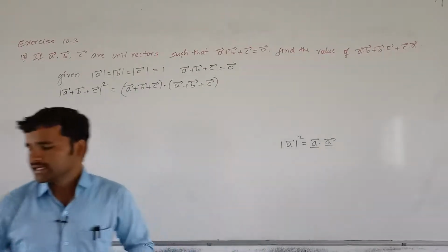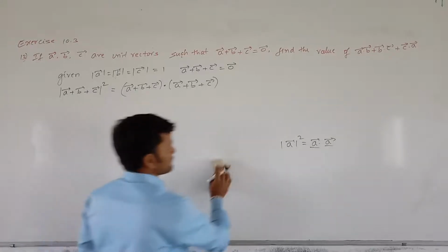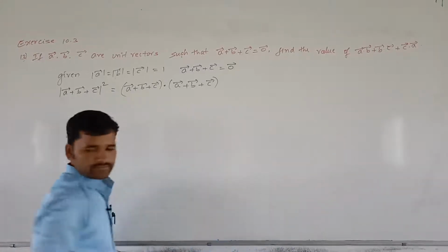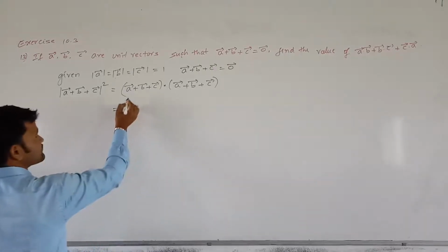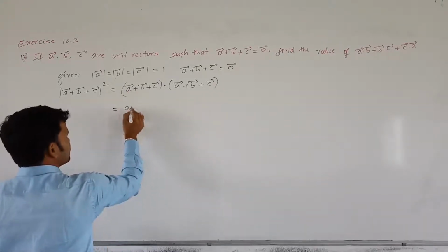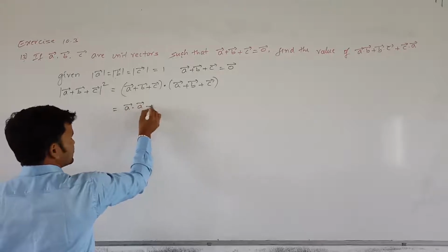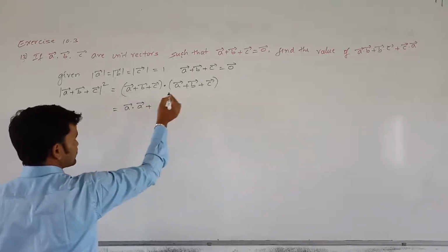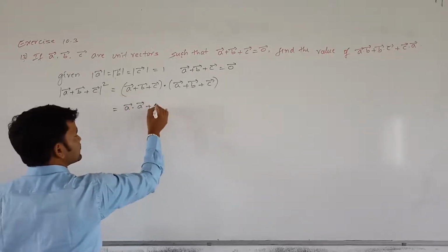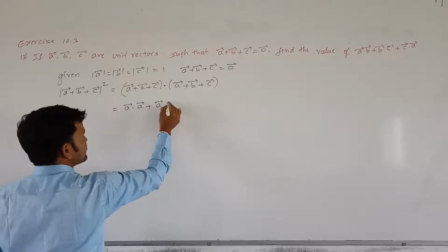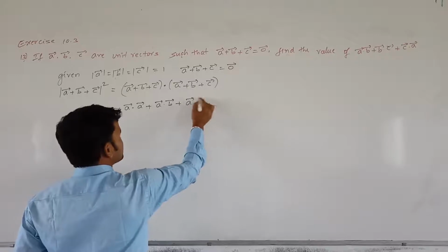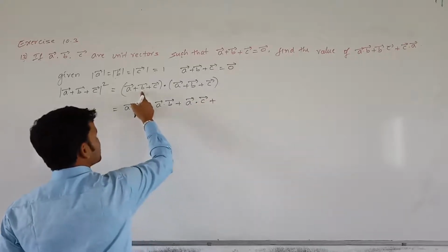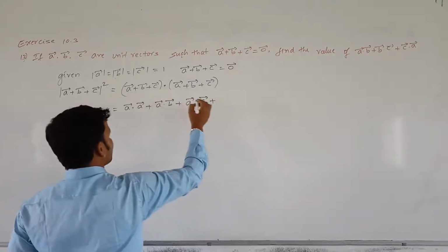Okay. Now, let me simplify this. This is first of all A dot A dot A. Next, A will take dot product with all three. So, A dot A, next one will be A dot B, then third one will be A dot C. Next, plus of B will take dot product with all three.